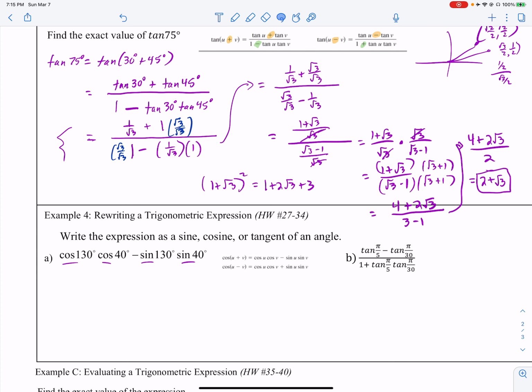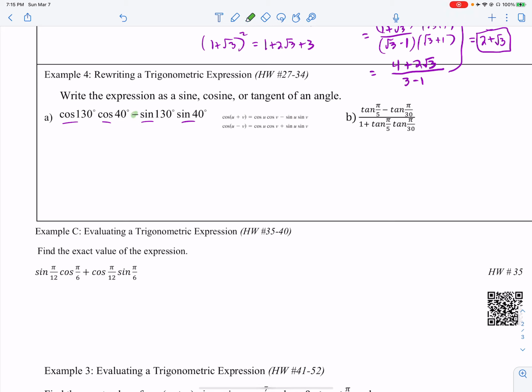So remember in cosine how I said if it's subtraction here, it's going to be the opposite inside here. And so I have to realize, oh, well, this is cosine of, and then the u in both of these is the 130.